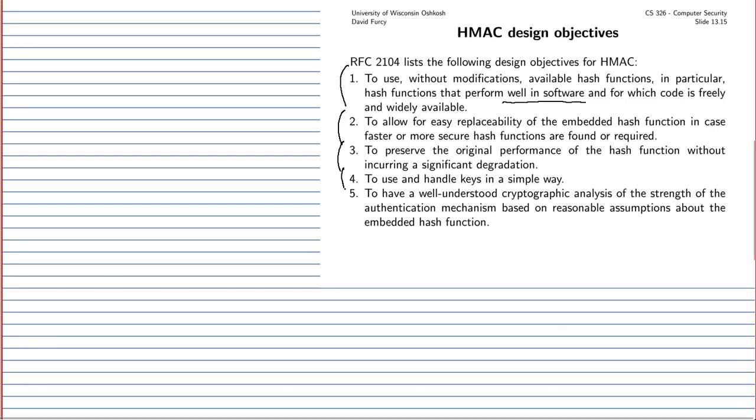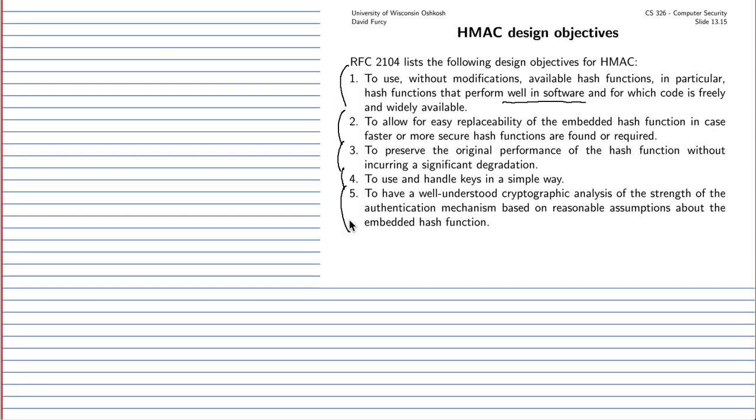Another objective is that since we're going to use private keys, we want to make sure we can handle those in an easy way that's not too cumbersome. And a final design objective has to do with the security properties of this HMAC algorithm. We want to guarantee some level of security, but since we're using a hash function as a component, this security is going to have to be based on the security of the hash function.